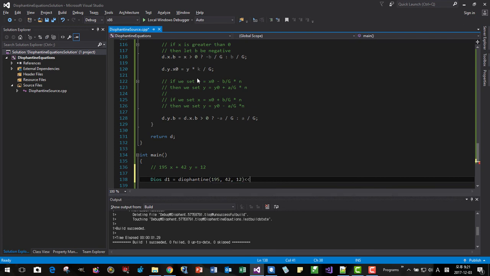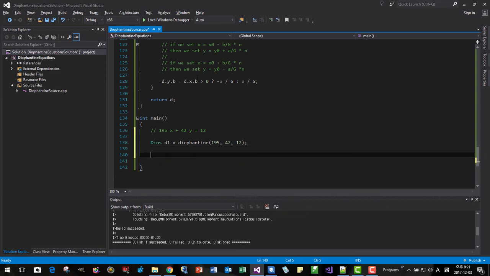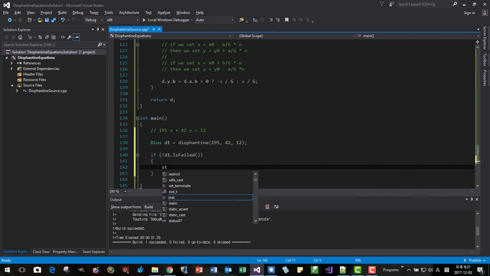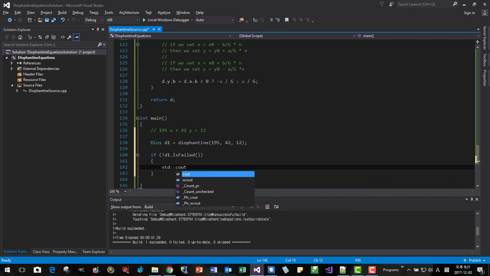So here we have to say if d1 is failed, means we have to handle it like this. If not failed, then we display with std::cout.